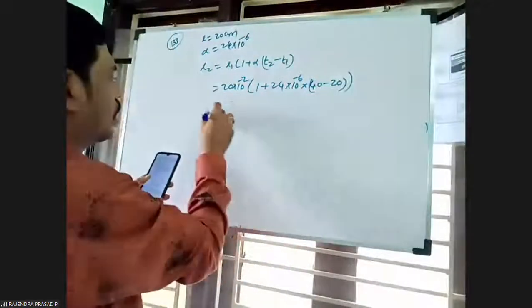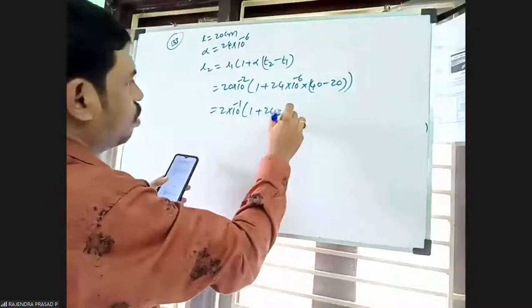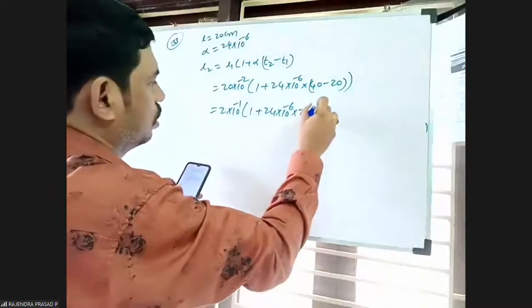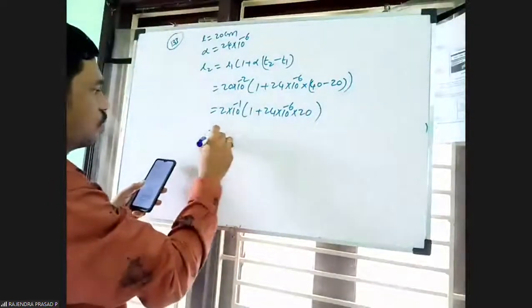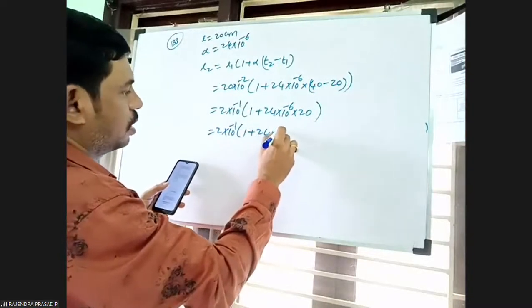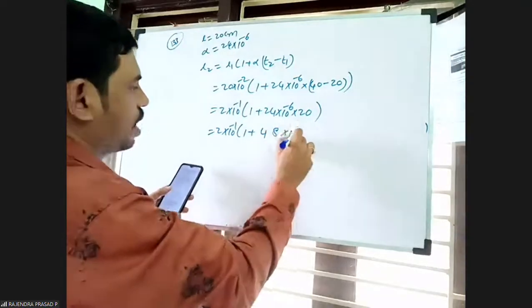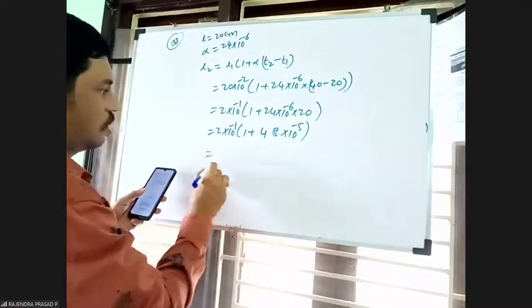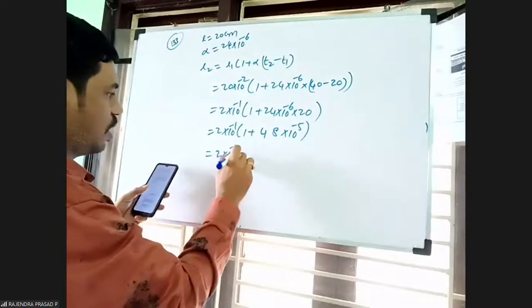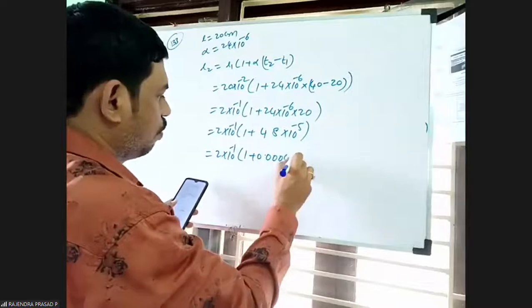That formula: 2 into 10 power minus 1 into 1 plus 24 into 10 power minus 6 into 20. So 2 into 10 power minus 1 into 1 plus 24 into 10 power 4 2 is 8, 48 into 10 power minus 5, that is 0.00048.